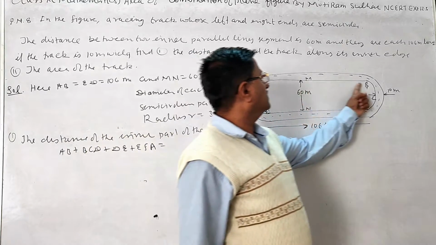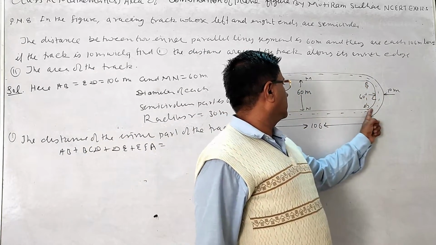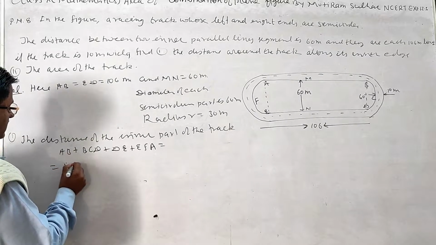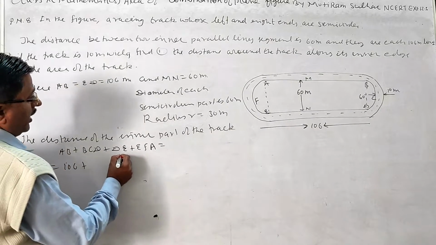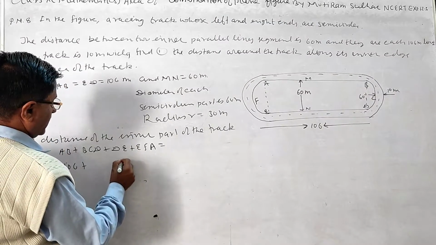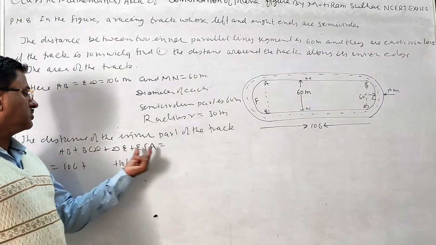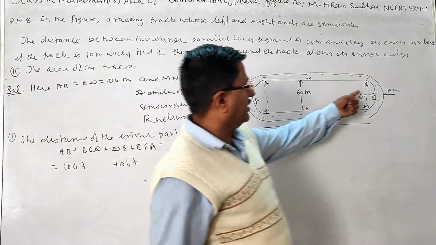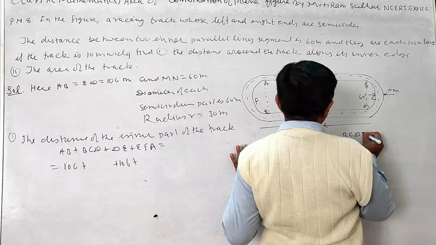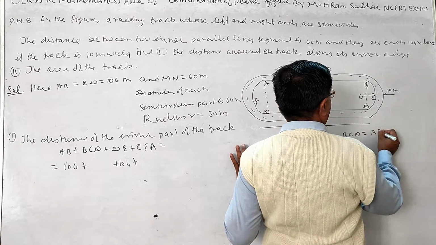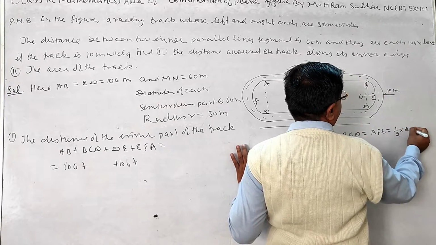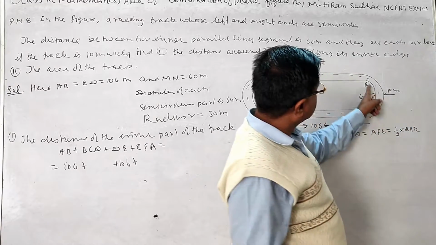We have to see this is a straight line. This is also a straight line. So AB is 106. And DE is also 106. Now these are two circular parts. Now see very carefully. BCD is also equal to AFE. That is half of the circumference of a circle, because this is a semicircle.